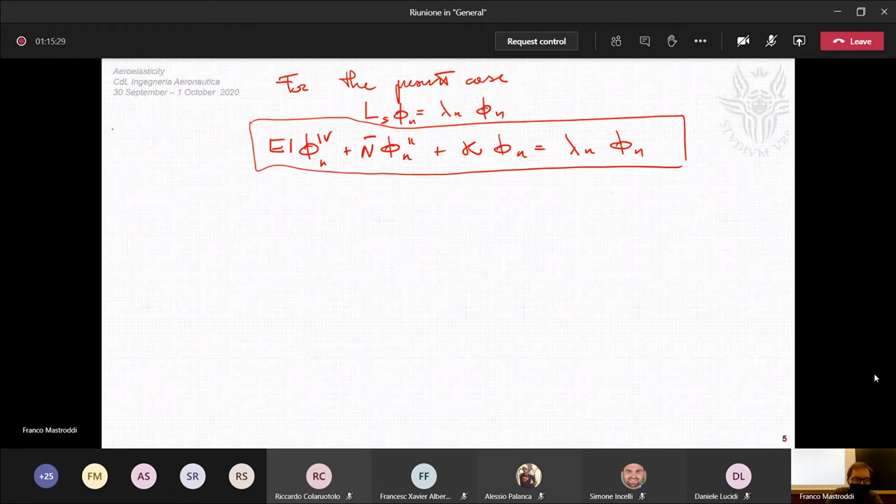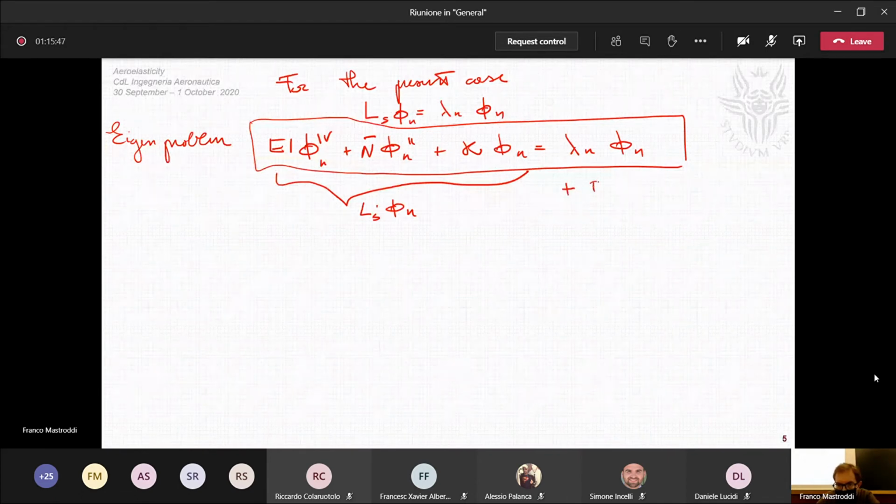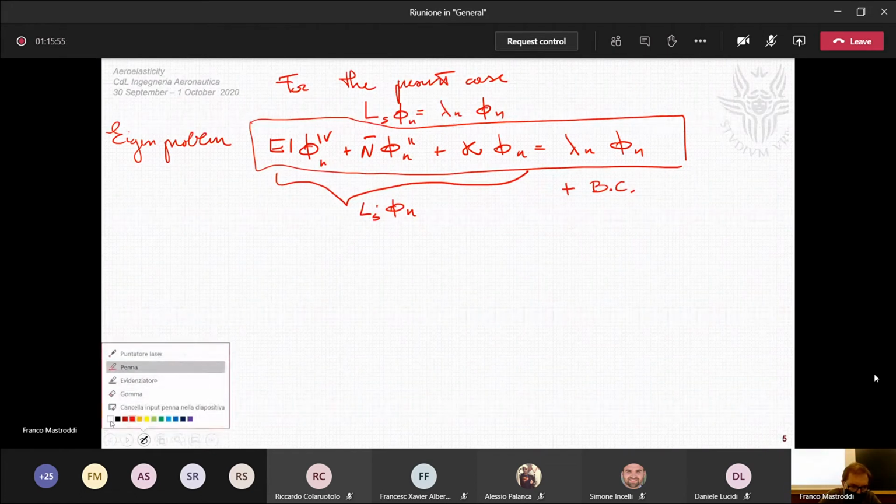This is the eigenproblem for our actual structural operator L. Plus, do not forget the boundary conditions. And the boundary conditions are the simply supported beam boundary conditions. And the solution, in this case, is the following.